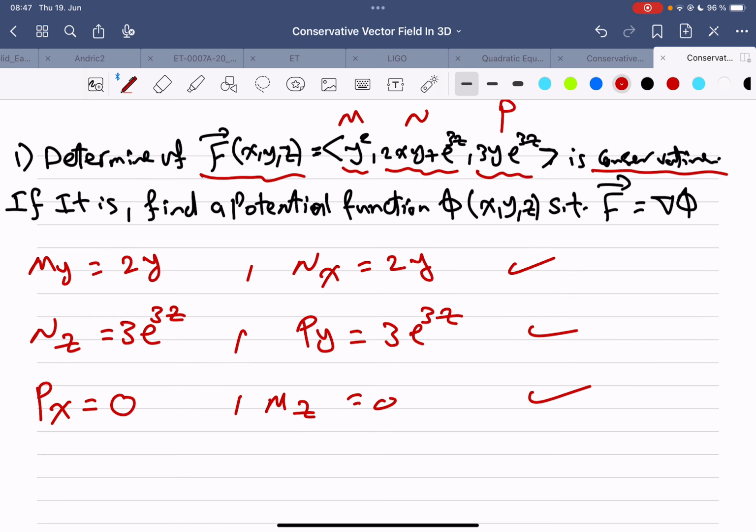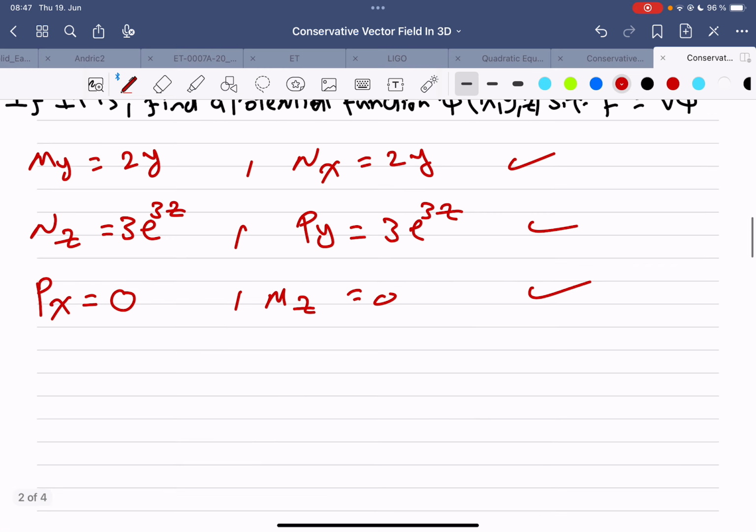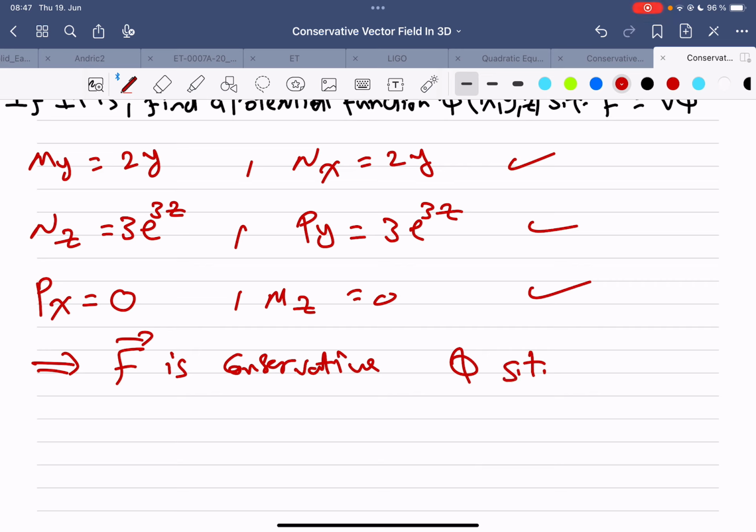So from these conditions, F is conservative. Now we need to find phi such that F equal gradient phi.